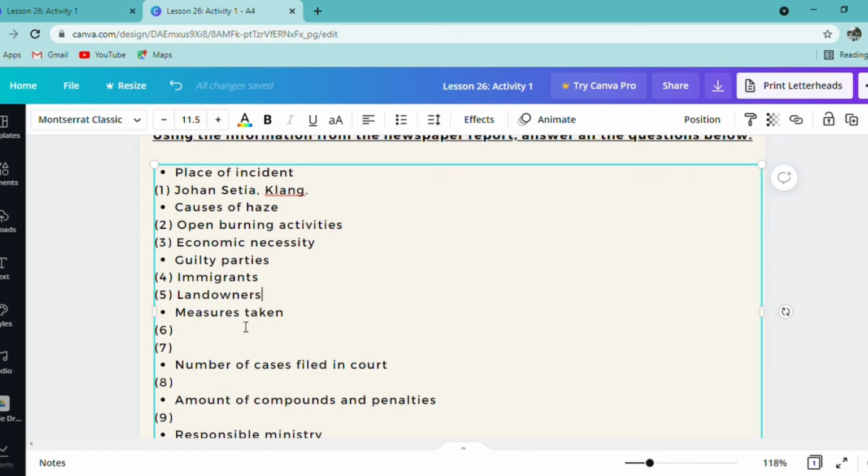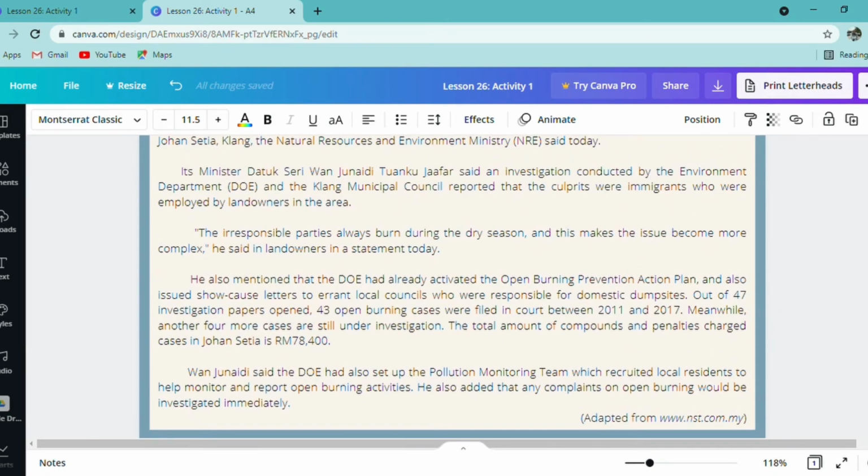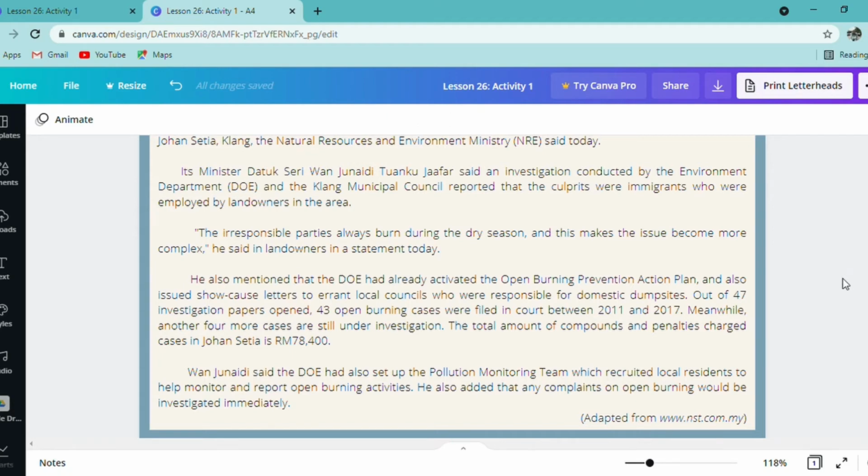Alright. Now we want to answer question number 6 and 7, which is the measures taken. So what are the measures taken in the text? You can see the answer in paragraph number 4, which is the DOE had already activated the open burning prevention action plan and issue of show cause letter.